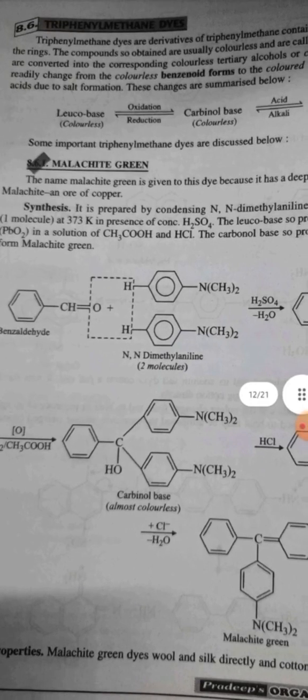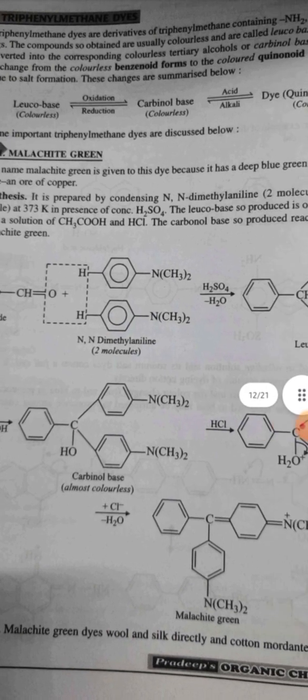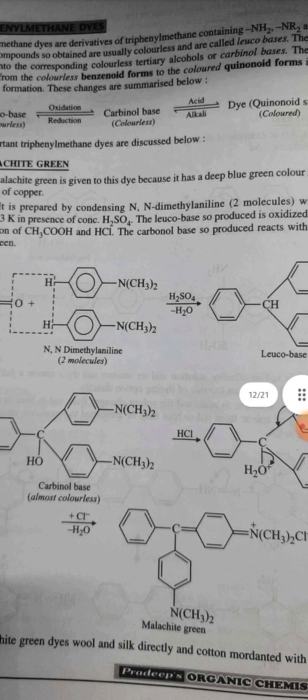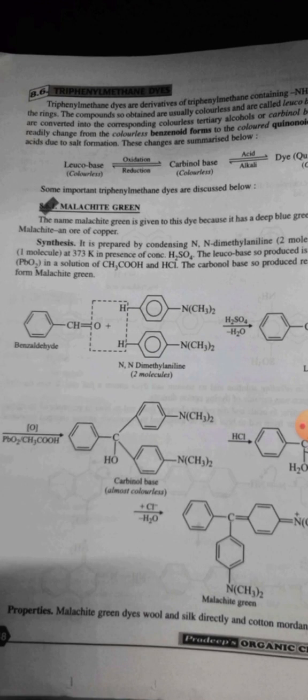Our next section is 8.6.1, that is malachite green. The name malachite green is given to this dye because it has a deep blue-green color resembling that of malachite, an ore of copper.